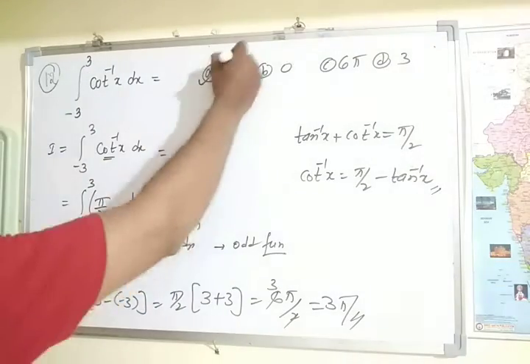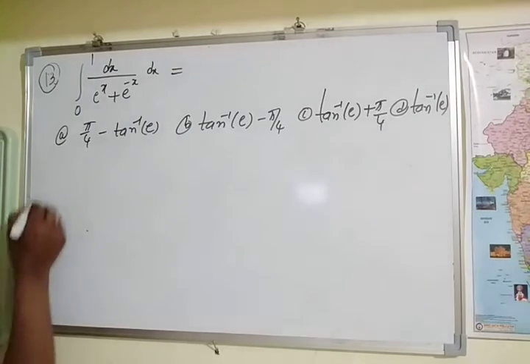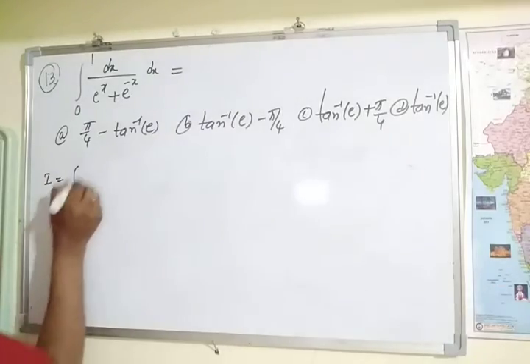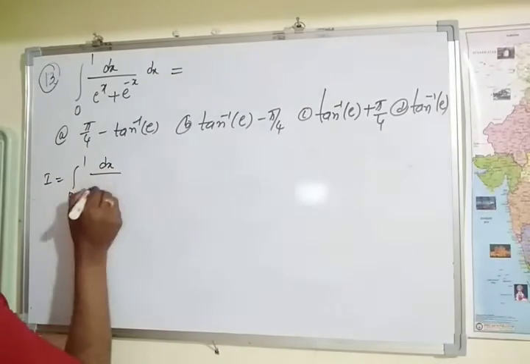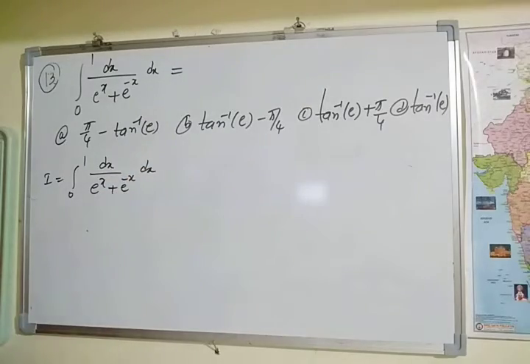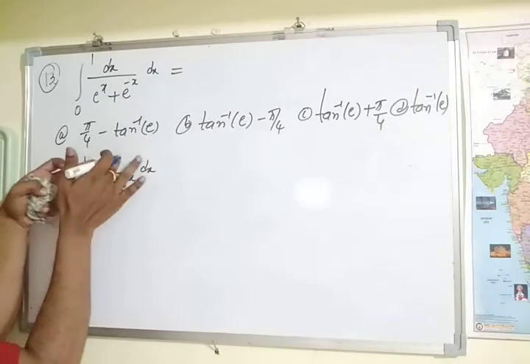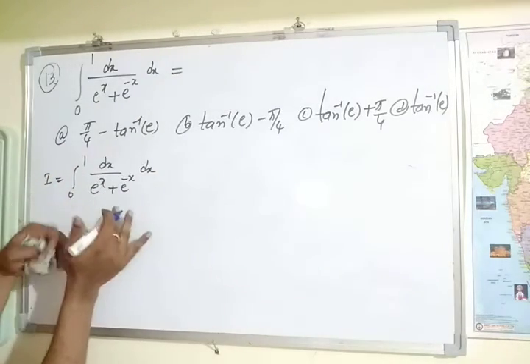Option A is correct. So here we have the integral of 0 to 1 dx divided by e to the power x plus e to the power minus x. Now we have a negative exponent, e to the power minus x. Multiply both numerator and denominator by e to the power x.